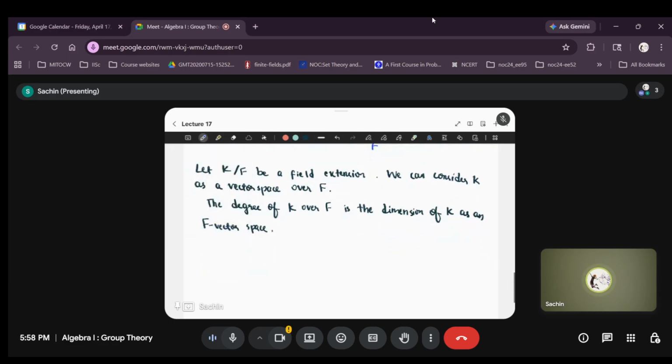In symbols, you would write the degree of K over F is the dimension of K as an F vector space.